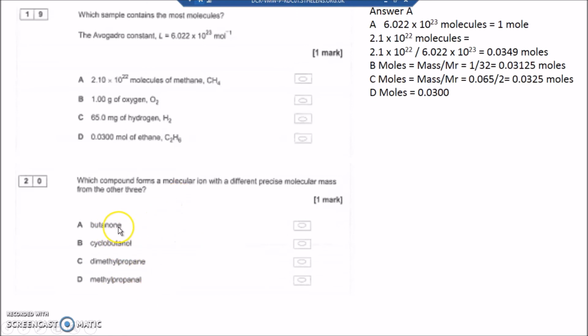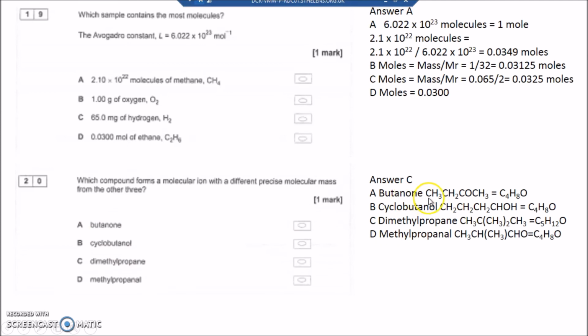So what you've got to do first of all is work out the MR. In other words, which one of these has got the largest MR? That's what the question's asking. Make these into plus charged molecules, put them into a mass spectrometer, measure the mass of the molecules, which one has got the highest MR. So if I work out the molecular formula of each of them, C4H8O, C4H8O, C5H12O and C4H8O, they've all got 4 carbons, 8 hydrogens and 1 oxygen, apart from C, that's got a different molecular formula.